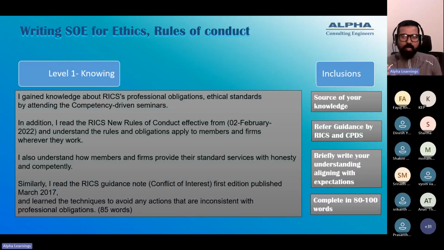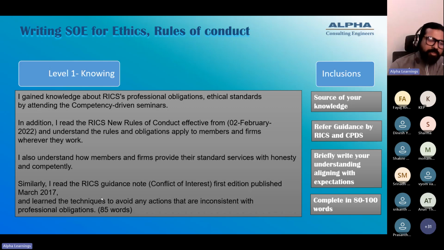And for that, focus on writing active sentences in a direct mode, not in indirect mode. Don't write lengthy sentences that will unnecessarily increase the word count. So short sentences, and try to capture more understanding of that competency in your writing and align it with the pathway guide. Complete it in 80 to 100 words.